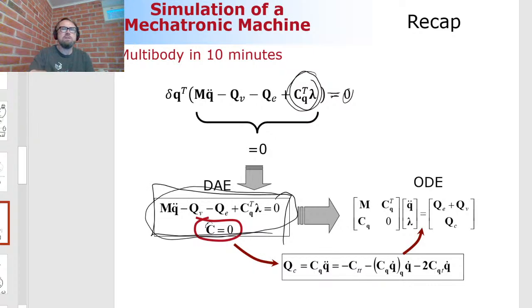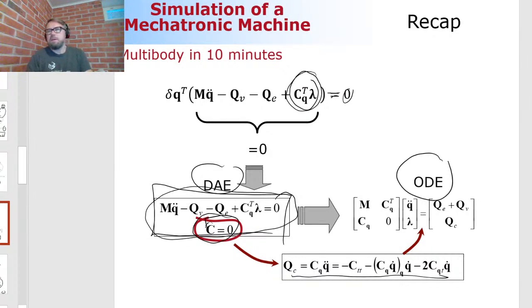So this is called a set of differential algebraic equations, and that can be converted to ordinary differential equations by differentiating the constraint twice with respect to time. That's it. Look at that. Faster than 10 minutes. Within 6 minutes, the multibody system dynamics. And with that, we're going to move on to the last in-class quiz.